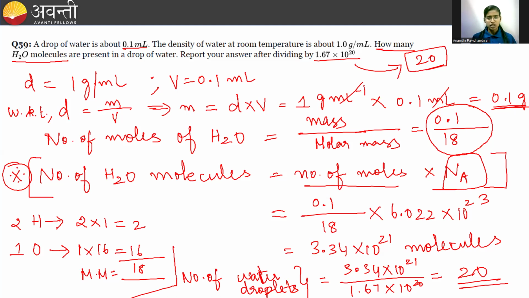The mass is not given in the question, so I'm calculating the mass from the density and volume, using the density is equal to mass by volume formula, which we have already studied. After finding the answer, we are dividing it by the given number in the question, which is 1.67 into 10 to the power 20, and getting the integer as 20. 20 is the final answer for this question.